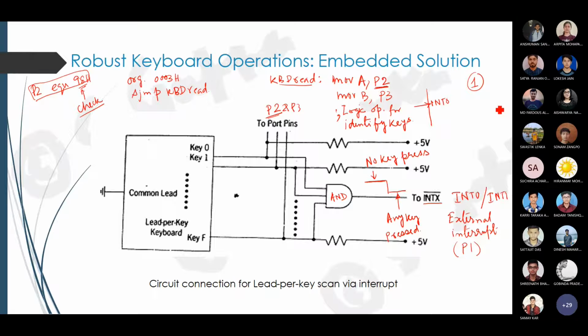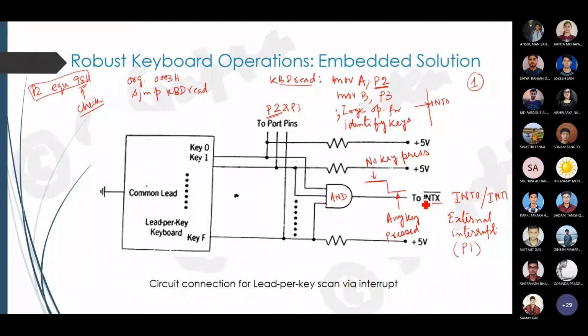Or 1 is displayed, or 1 is used for summing up 2 numbers. So first number is 1, and for the second number another key is pressed. And so you can make a calculator out of that also, right? So our purpose here is to show how we can utilize this keyboard in an interrupt driven way. And we can do this.